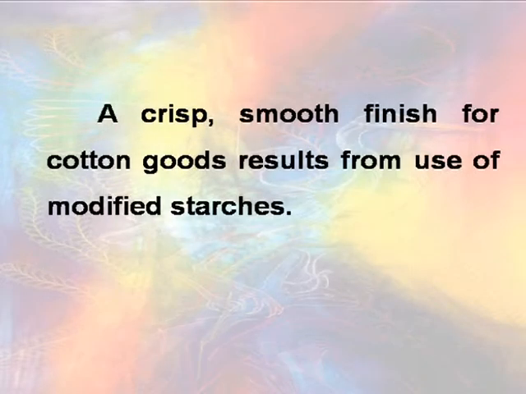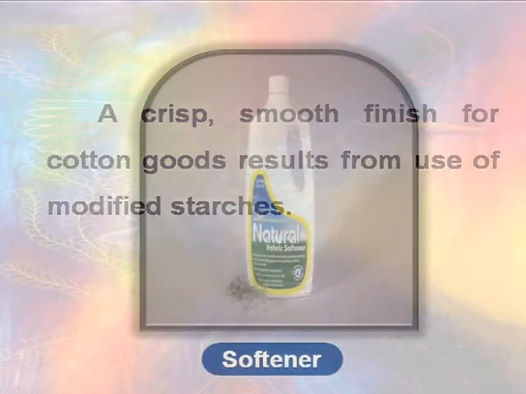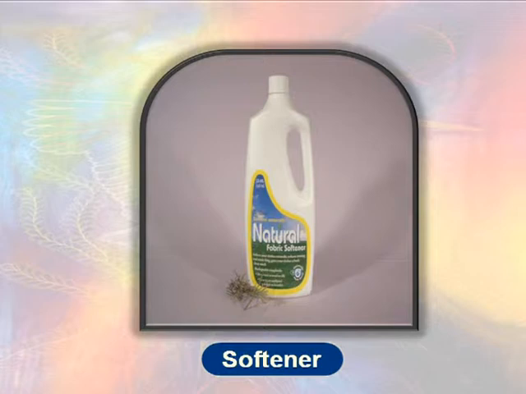A crisp, smooth finish for cotton goods results from the use of modified starches. The most common handle modifier used today is the softener, which lubricates the warp and weft of woven fabrics, allowing the fabrics to bend more easily, and this gives it a soft feel.